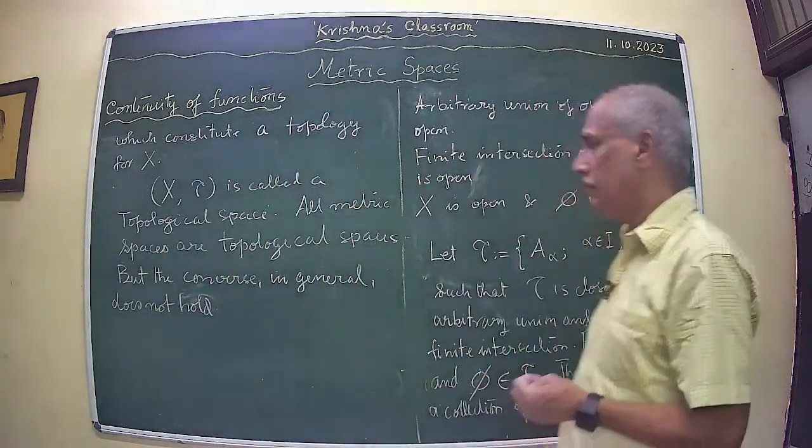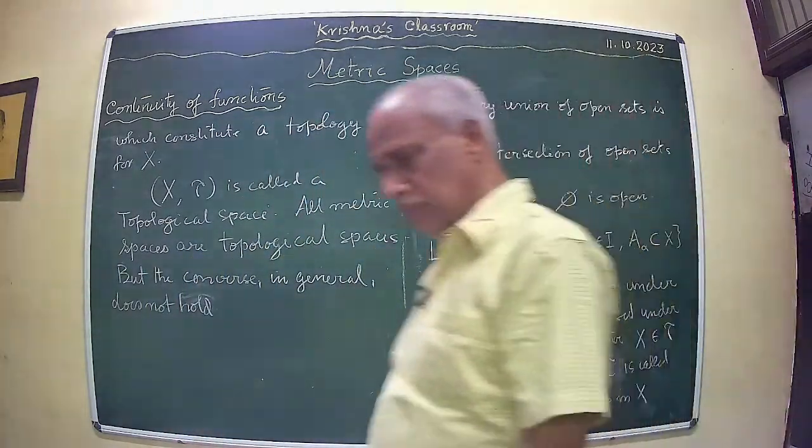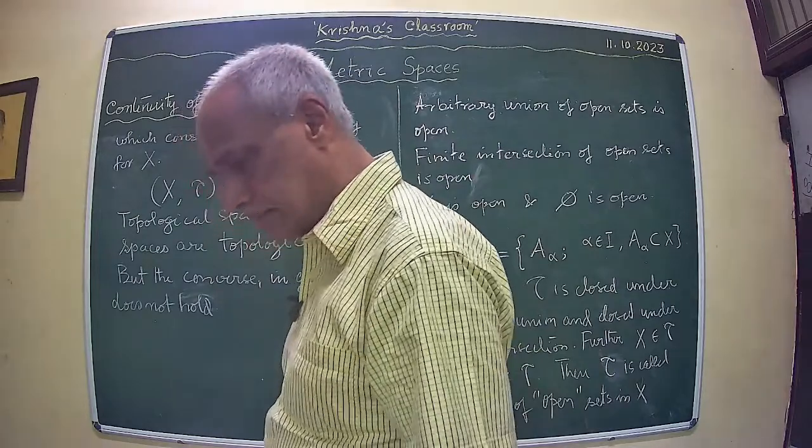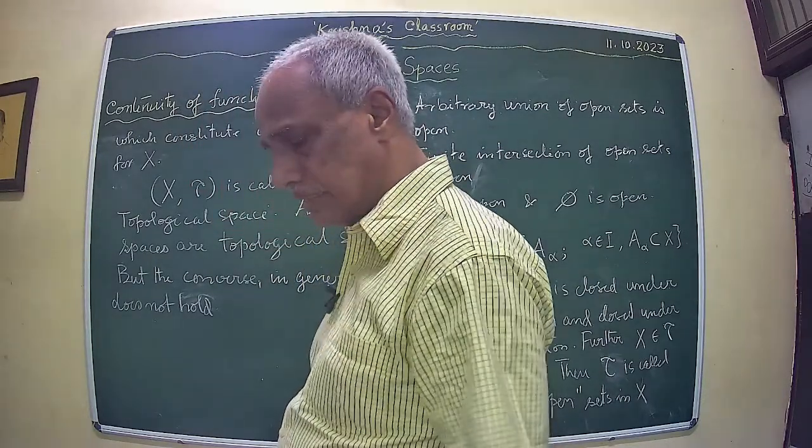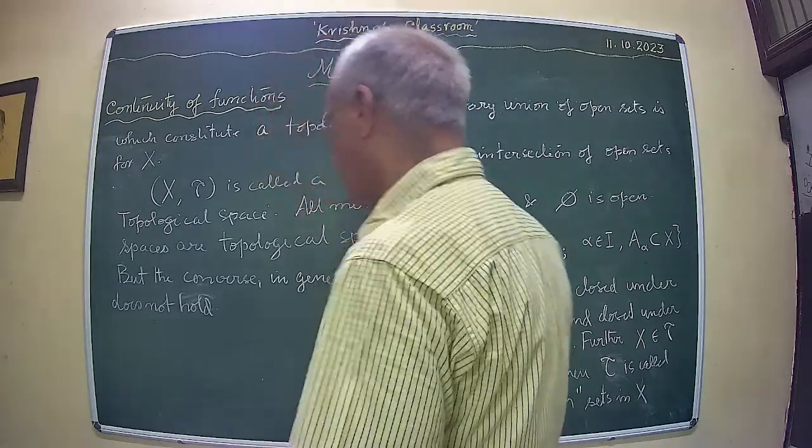Now, you see that it's very simple to show that an arbitrary intersection of open sets need not be open.